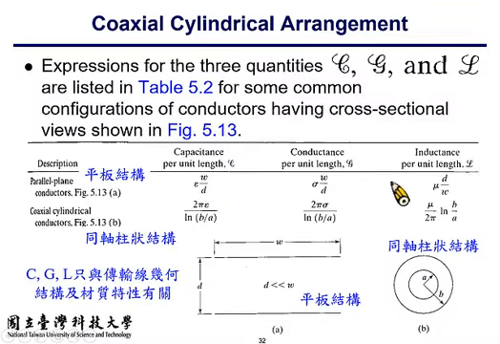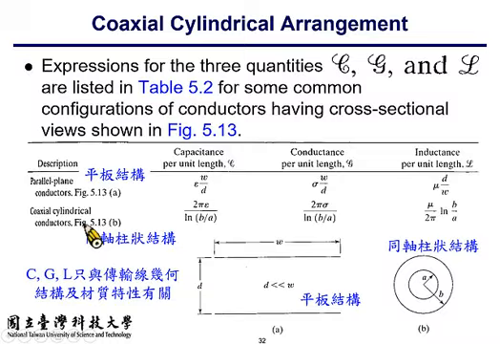On the other hand, for the per unit length inductance of the parallel plate structure, L equals mu times D over W. So the geometric relationship is inverted. If you take the product of L and C, you end up with epsilon times mu, as the D over W part is cancelled out.